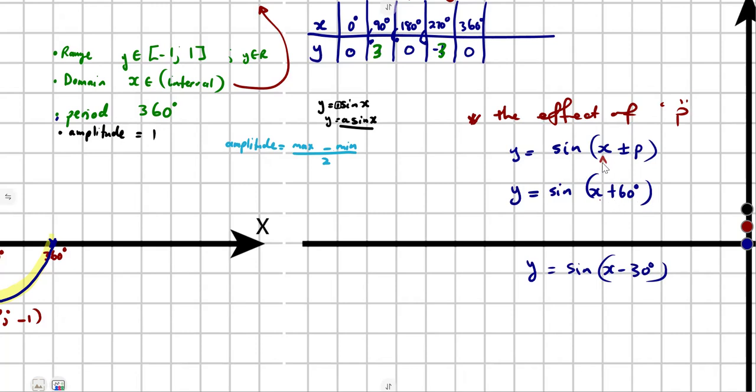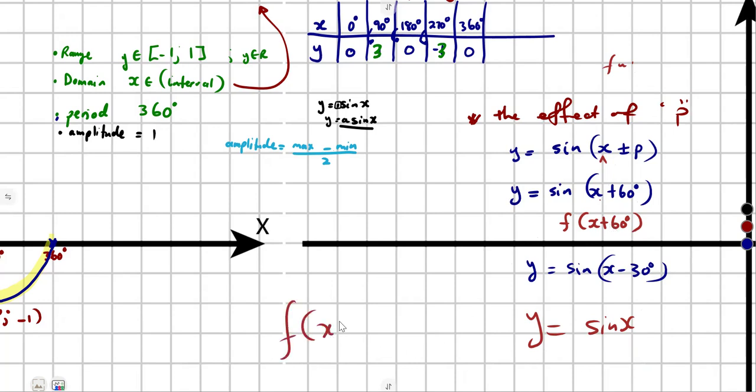What happened? In place of the x, we substituted. It was f of x given. Now in place of x, we substituted x plus 60 degrees. From the graph of y is equal to sine of x, in place of that x, we substituted x plus 60.